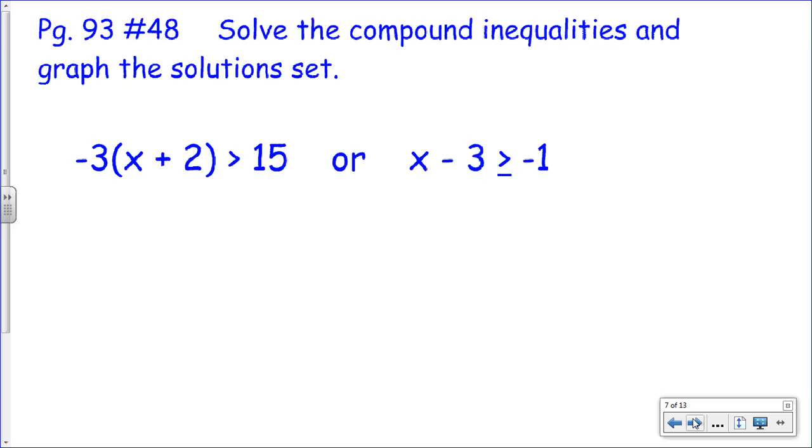When it's an or, you'll have two separate inequalities, so just solve each one separately, and then graph them on the same number line and write their intervals together.